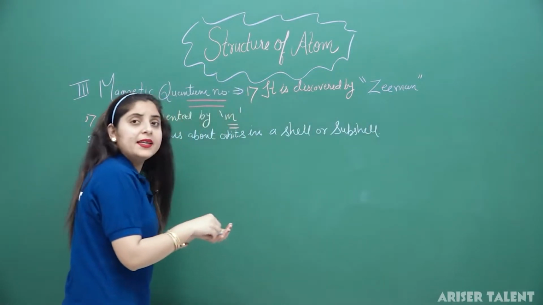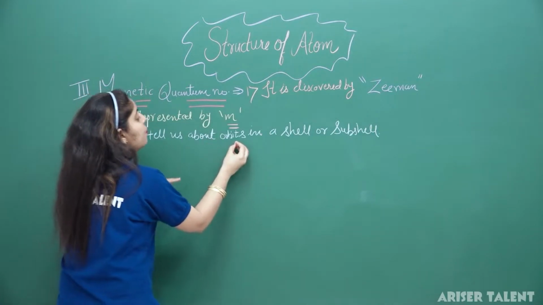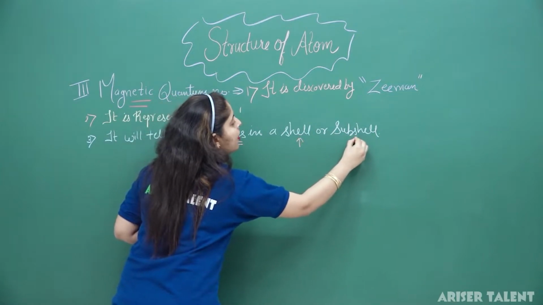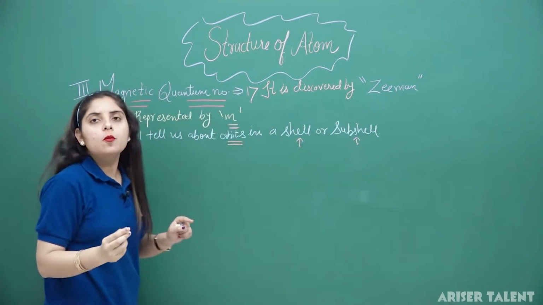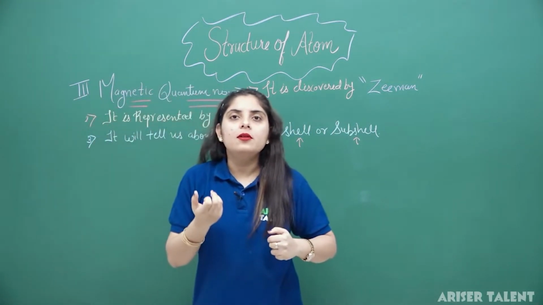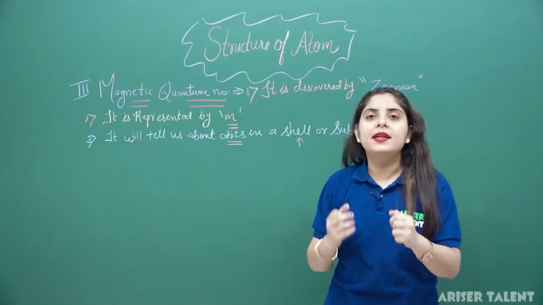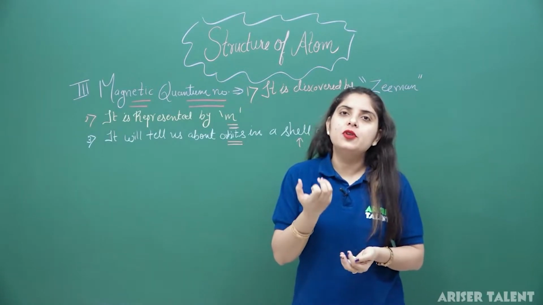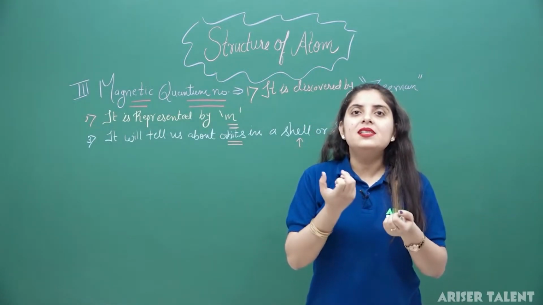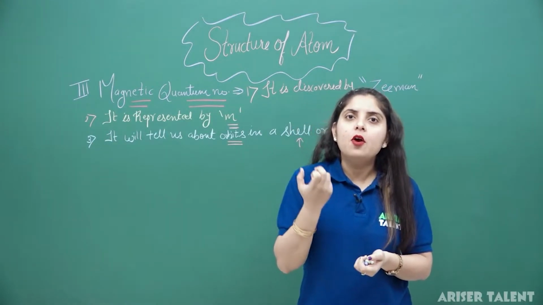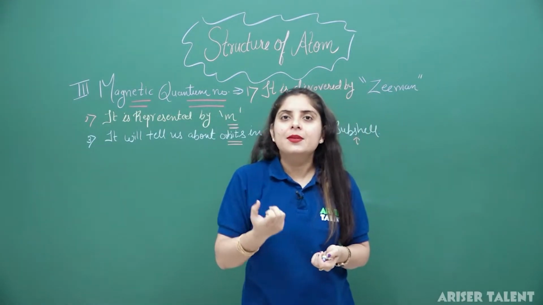So, the magnetic quantum number will specify the orbitals in a shell or in a subshell. So, we will know the count of the orbitals according to the magnetic quantum number. So, what actually are orbitals? An orbital is a three-dimensional space in a region where the finding of an electron has the maximum probability.